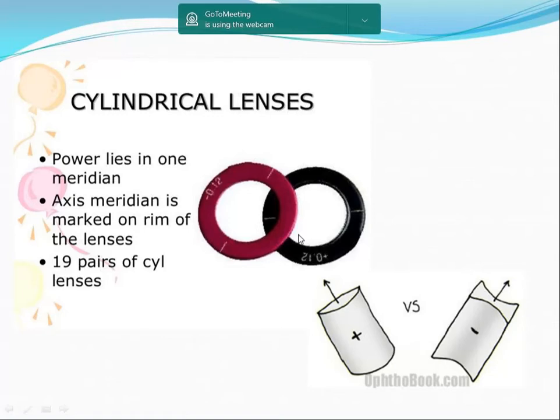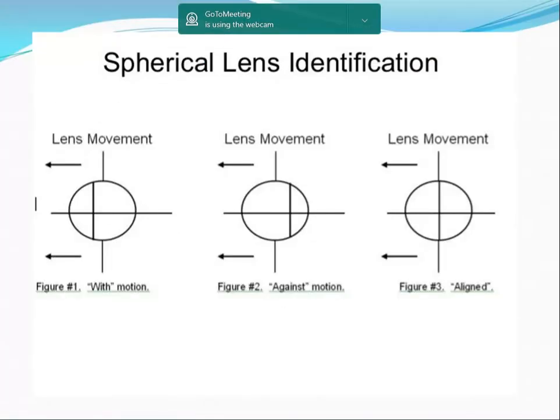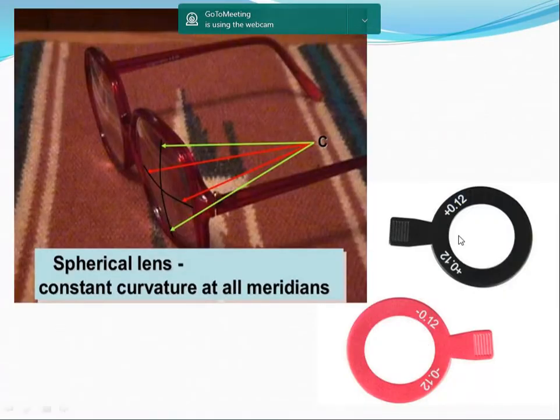Okay? Another very easy way of recognizing a spherical lens and a cylindrical lens is that in a cylindrical lens, the axis is always marked like this. If you take a spherical lens, see, there is no marking of axis, isn't it? There will be only plus or minus.